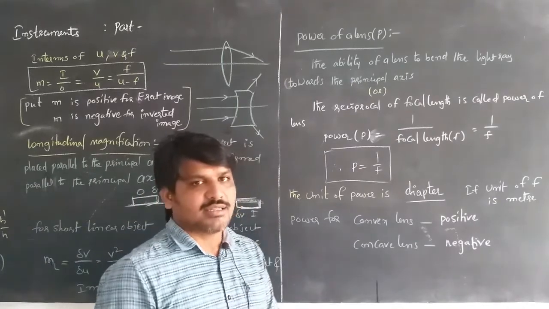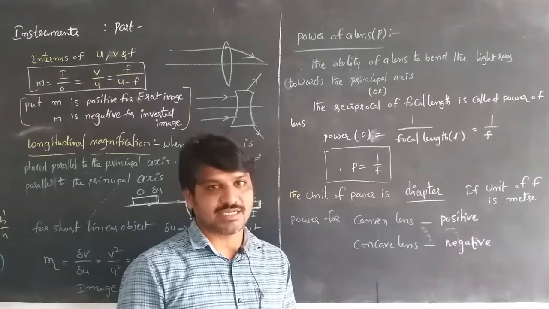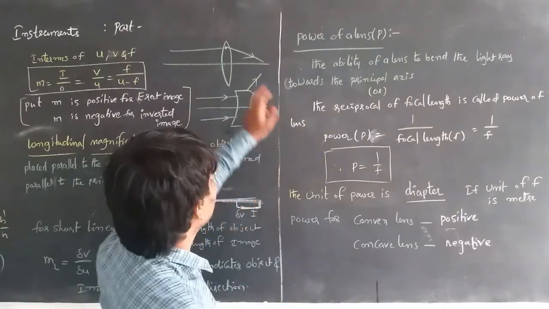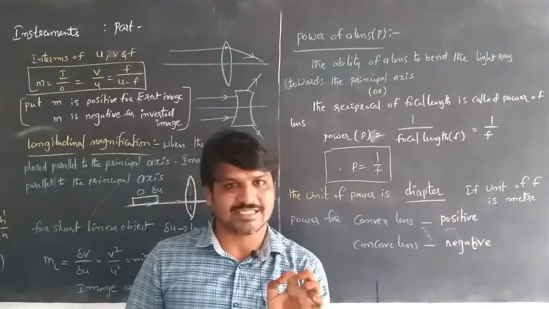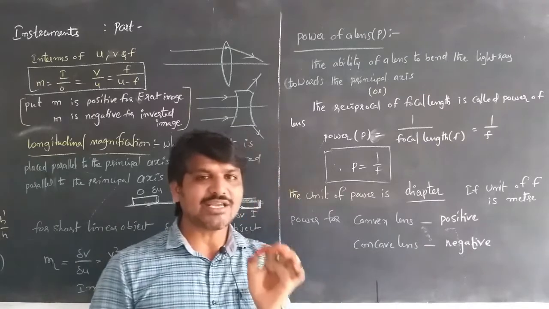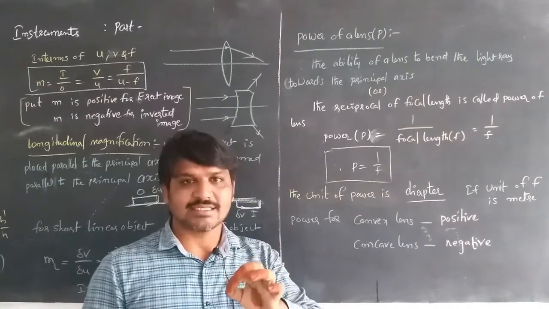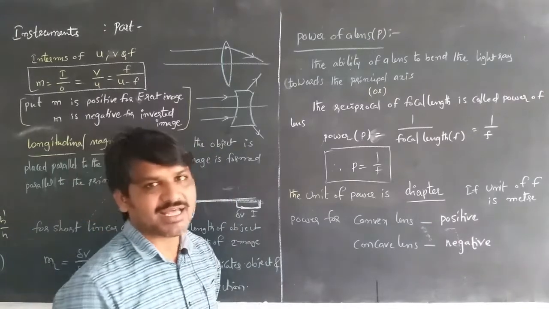According to this, the power of a lens can also be considered as the power of a convex lens. Whenever light is incident on the lens, the ability of the lens to bend the light rays towards the principal axis is called the power of a lens.